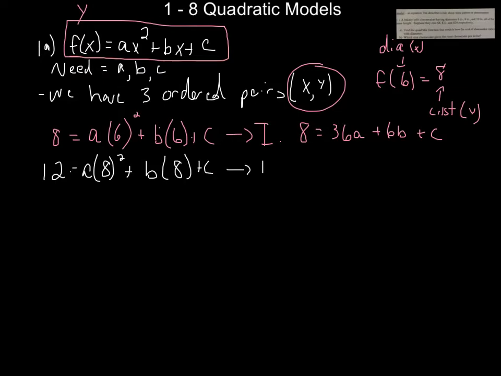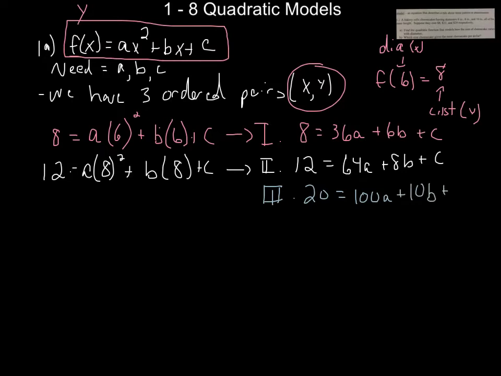That's equation number 2. You may see where I'm going with this. 12 equals 64a plus 8b plus c. And then finally, equation number 3. It costs $20 for a 10-inch cheesecake. 10 squared is 100a plus 10b plus c.